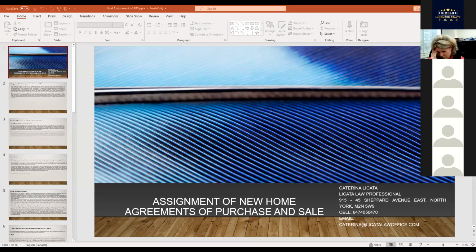If something happened to the builder, then the final deal cannot close, even though the deposit and everything was already paid, and the deal is not fulfilled in the end. Would that be a concern for the assignee?